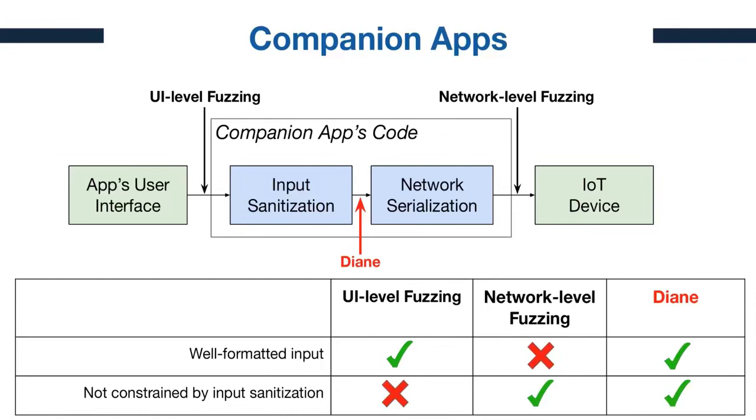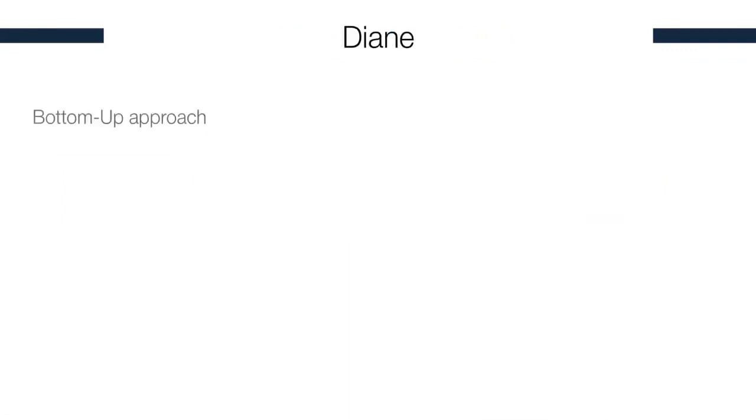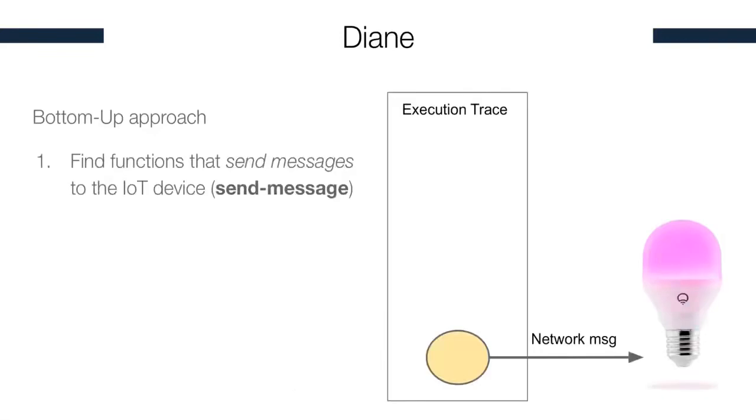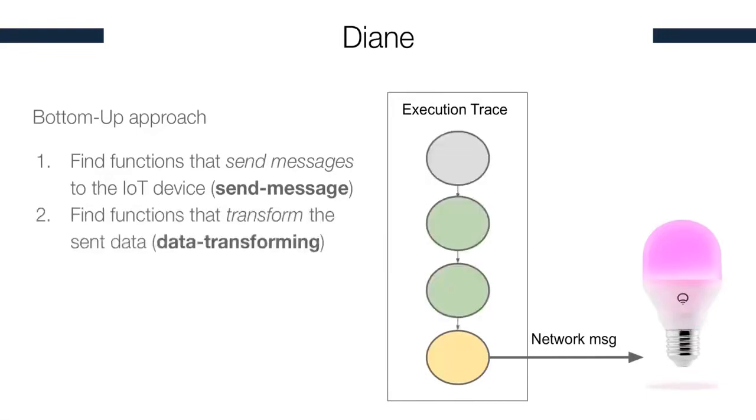Let's see how DIANE works. DIANE uses a bottom-up approach. It has four phases. In the first phase, we find the functions that send messages to these IoT devices. We call these methods send message methods. And then we find the functions that transform the data accepted by these send message functions. We call these methods data transforming methods.